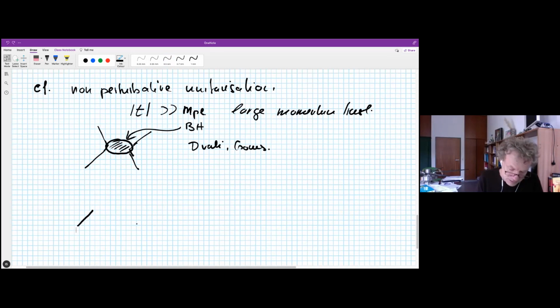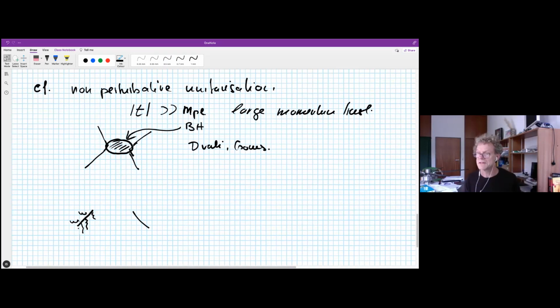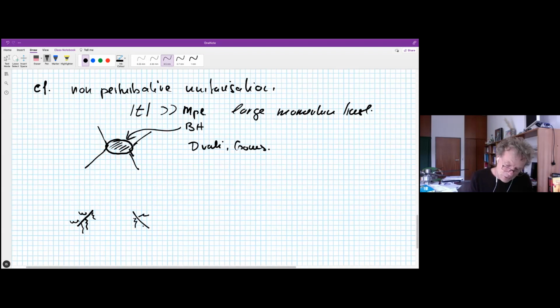So one way to picture that is that this very energetic particle doesn't actually exist as an asymptotic state, but it's always dressed with a huge number of gravitons, off-shell gravitons. And so would the other be, this one also. So there is no such thing.